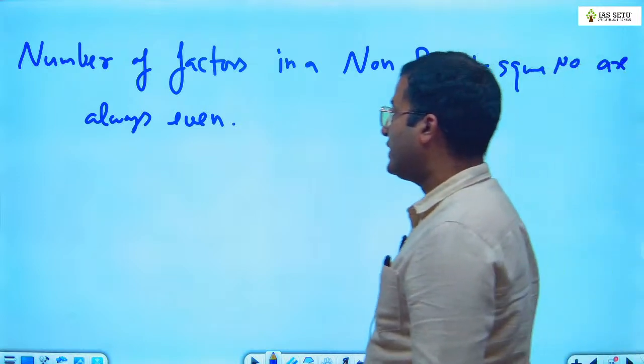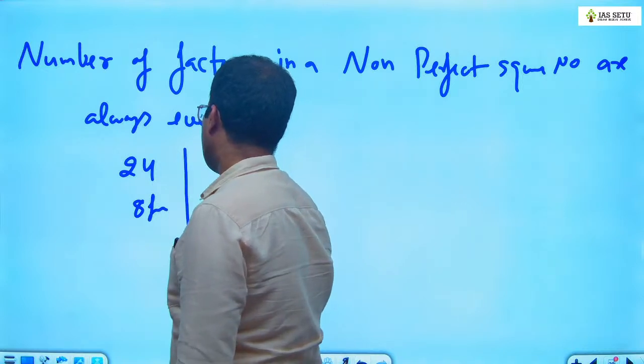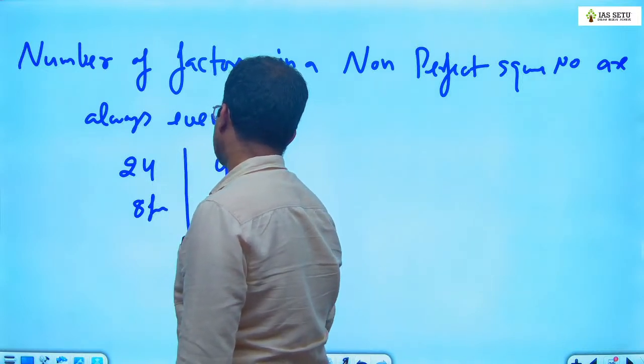Example, like 24 has 8 factors, 48 has 10 factors.